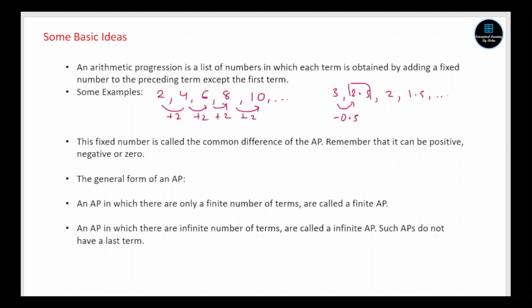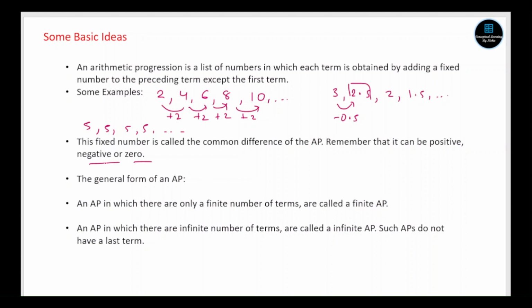This is the fixed number which we add to get the next term. It can be positive, negative or 0 also. For example, 5, 5, 5, 5 and so on. Every time we add 0, so this is also a constant arithmetic progression.